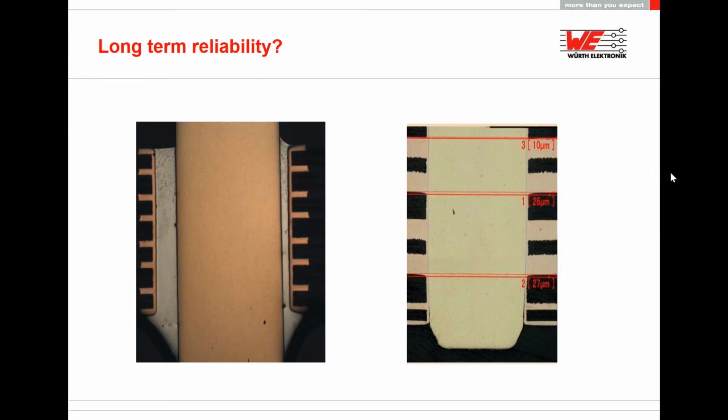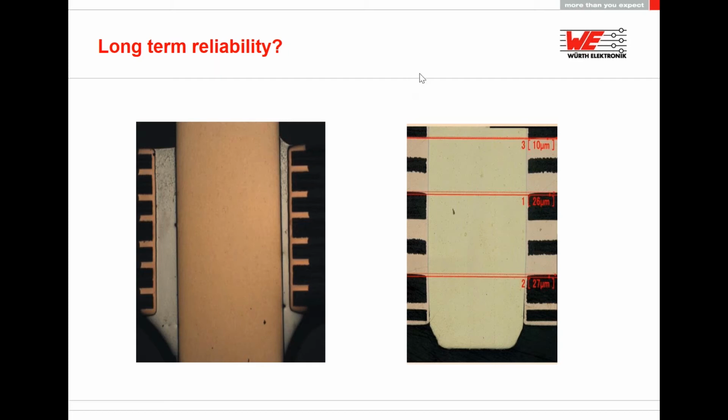So another question we got from a customer is about long-term reliability, especially compared to solder joints. We say that the long-term reliability of press fit technology is much better compared to solder joints.